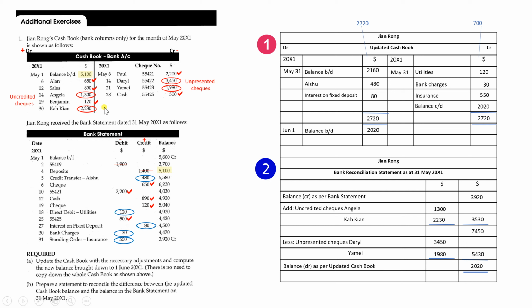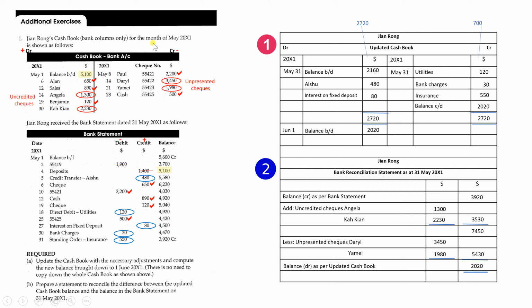So now to reconcile it to the bank statement, because this one we have already paid but the bank have not yet done it, so we have to add it back. And this one we have already deposited but the bank have not yet done it, so we have to minus it off.